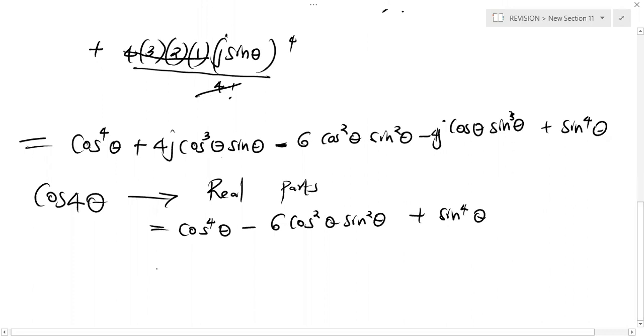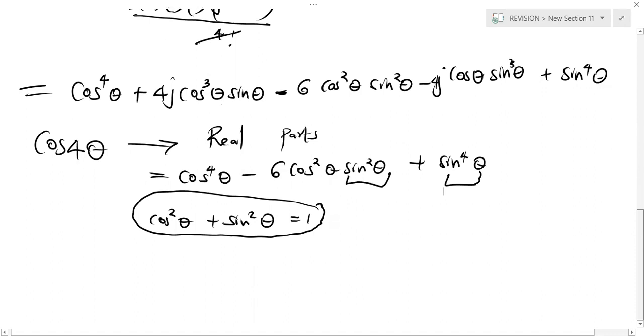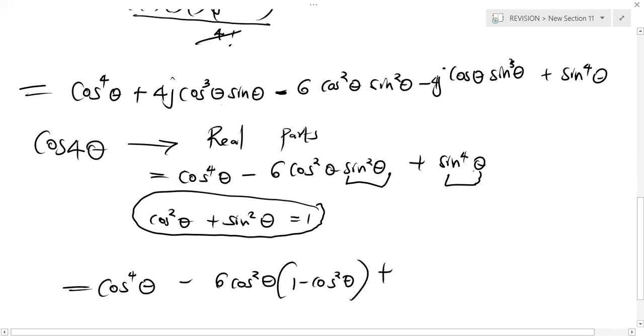Now we know that cos²θ plus sin²θ is equal to 1, so I can rewrite sine terms in terms of cos terms. So this is going to give us cos⁴θ minus 6 cos²θ, and instead of having sin²θ, I can have 1 minus cos²θ, plus sin⁴θ, which is the same as (1 minus cos²θ) squared.